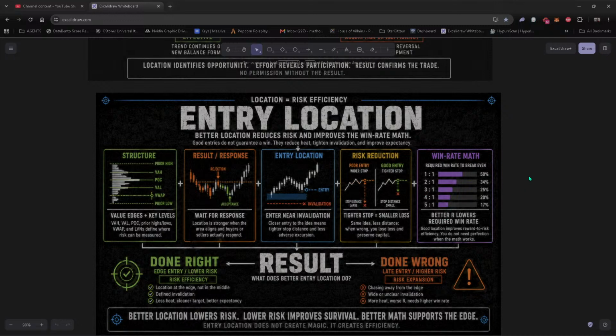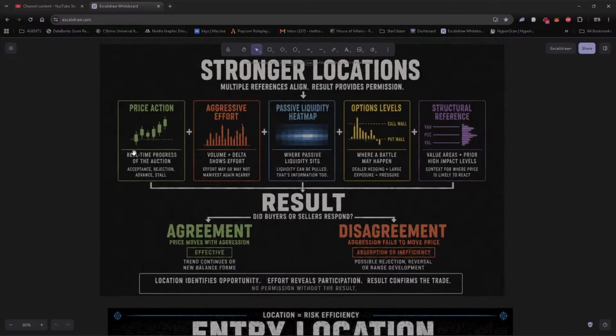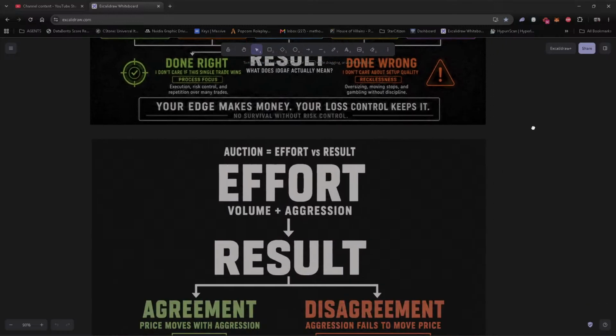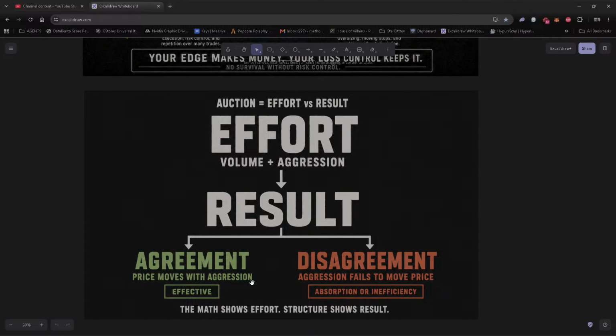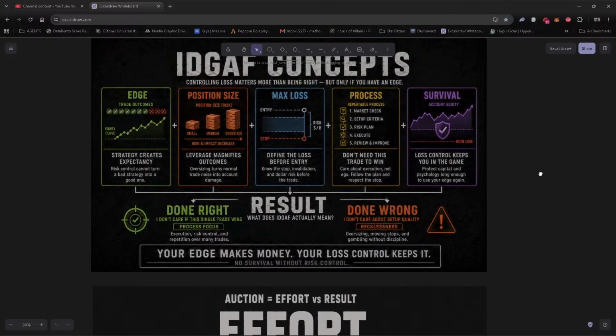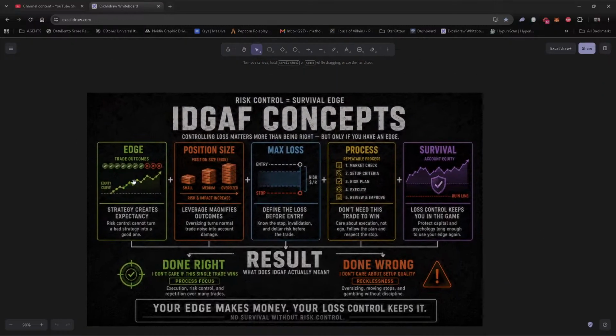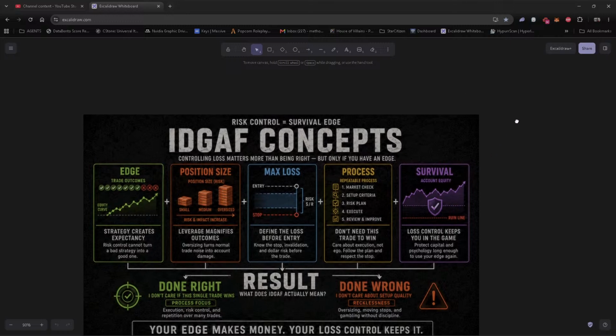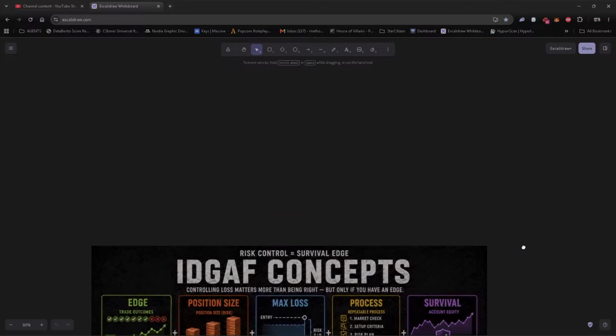But if I can see an edge and price is moving with aggression, or it's being rejected, maybe for a mean reversion trade, and I have an edge strategy wise, my position size is appropriate, I've identified my loss, I have my process, I control my losses.